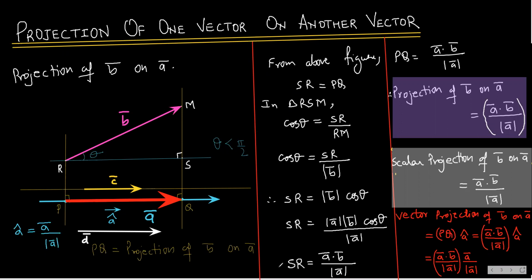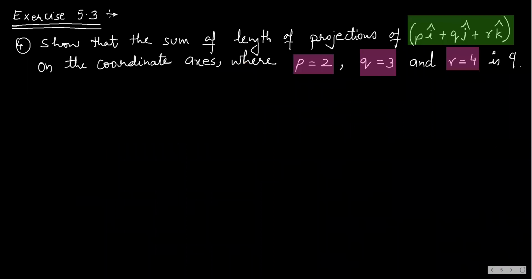Now come back to our question. Here, we have to find the projection of this vector on the coordinate axis. So the answer will begin here.